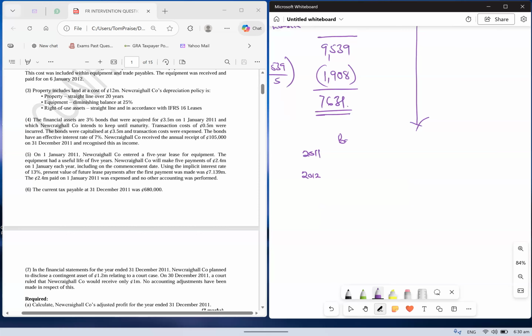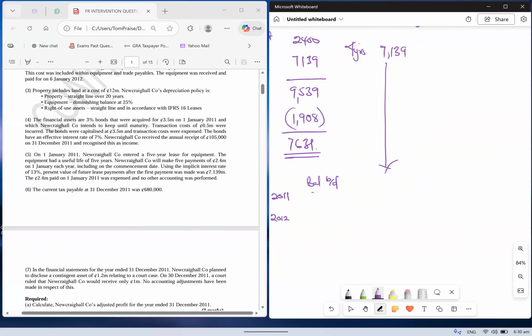Start with your balance brought down. What's the lease liability? 7139. This is in advance, and when it is in advance, payments come before interest. But the first year payment will be dash. Remember that, because in the first year they've already paid at the beginning.